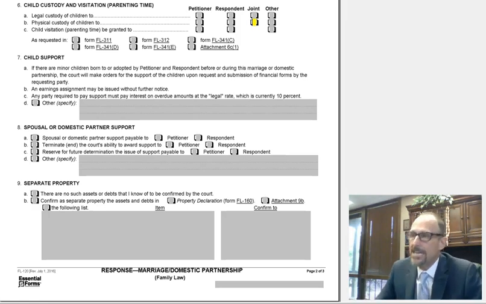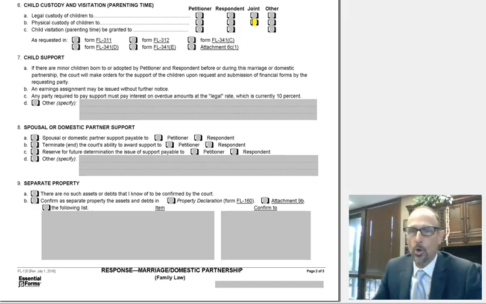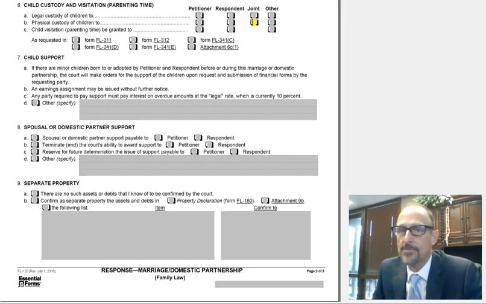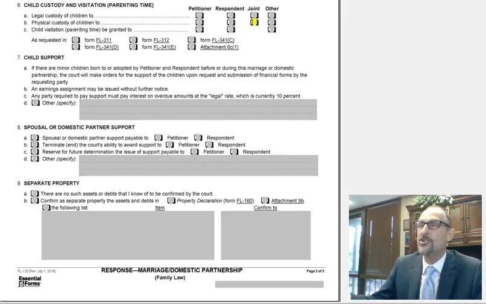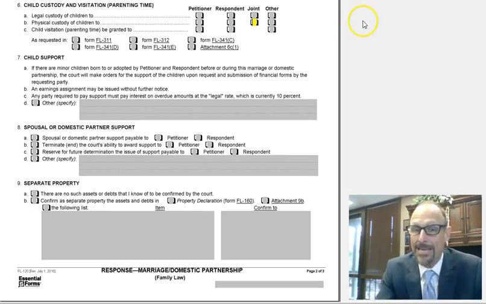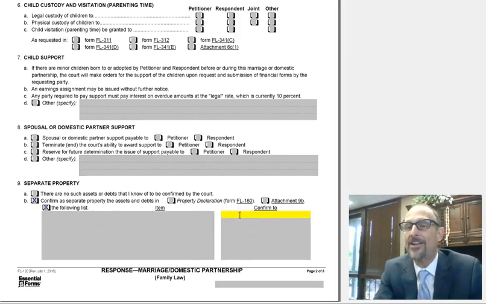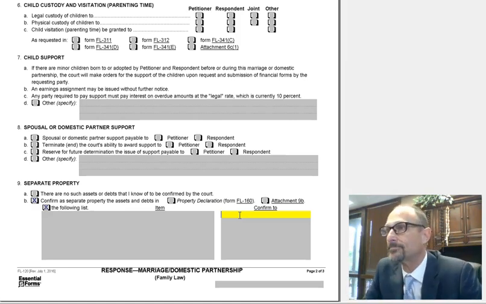If you have received money, real estate, a $1,100 bicycle, some gold coins from grandpa when he died, whatever you have, you're going to want to list that under the separate property section. And you're going to want to mark B, then the following list that property in that large box on the left, and then where it says confirm to, you're going to want to put that to the respondent.